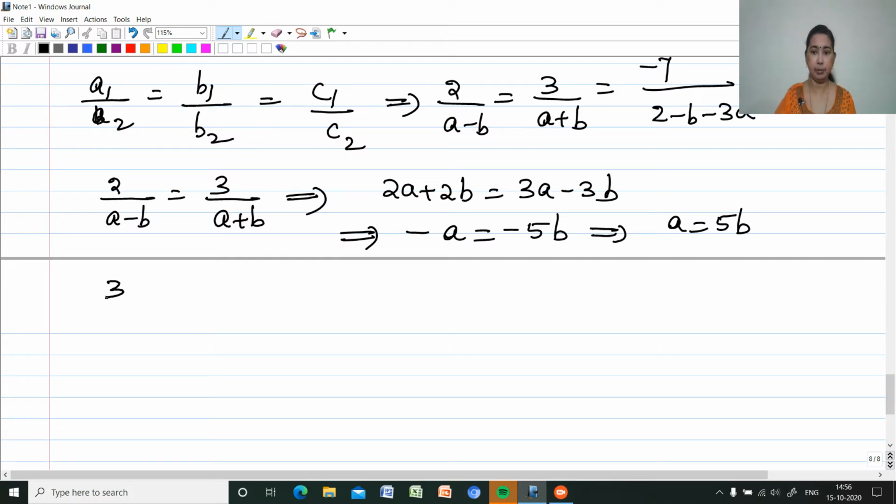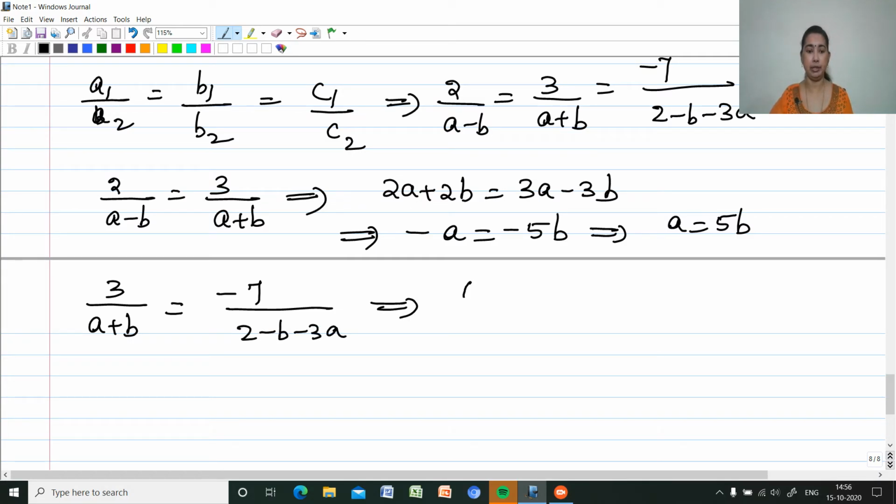That is 3 by (a plus b) is equal to minus 7 by (2 minus b minus 3a). Cross multiplying, 6 minus 3b minus 9a is equal to minus 7a minus 7b. Taking minus 7a to this side becomes plus 7a.